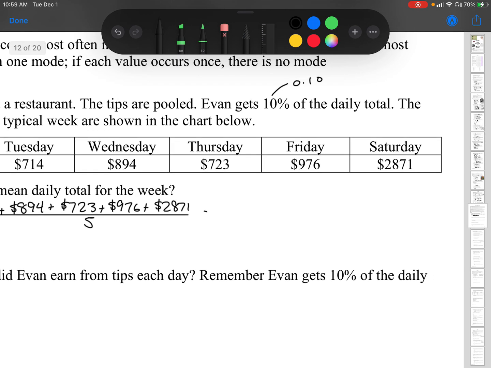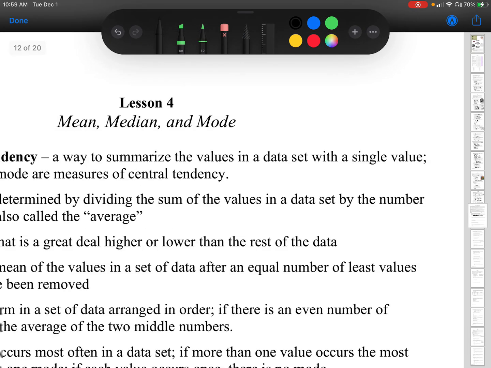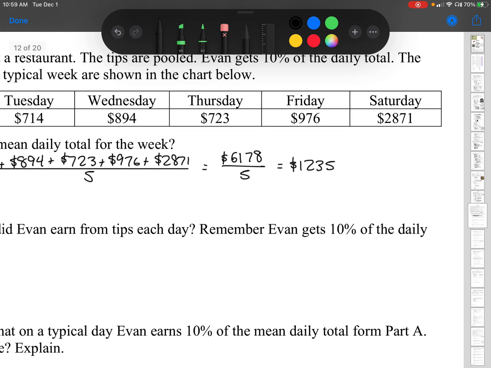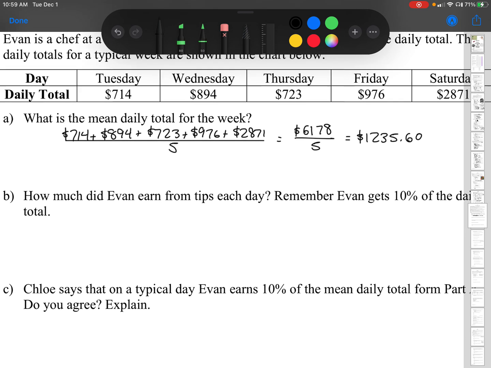And I would recommend doing this in 2 steps. You add the top all together, 6,178, and then divide that by 5, and that would give you 1,235.60, like so.